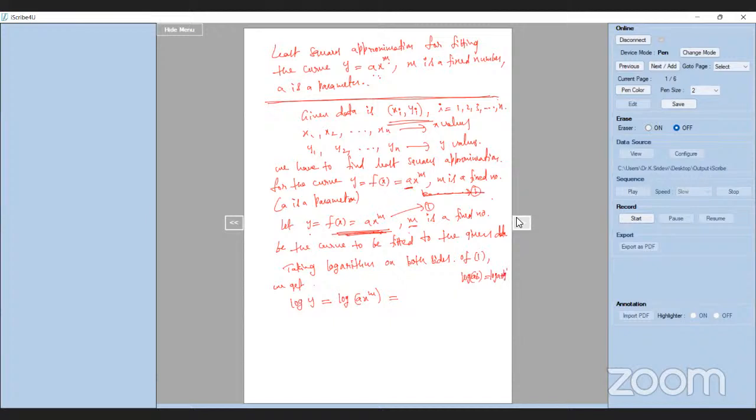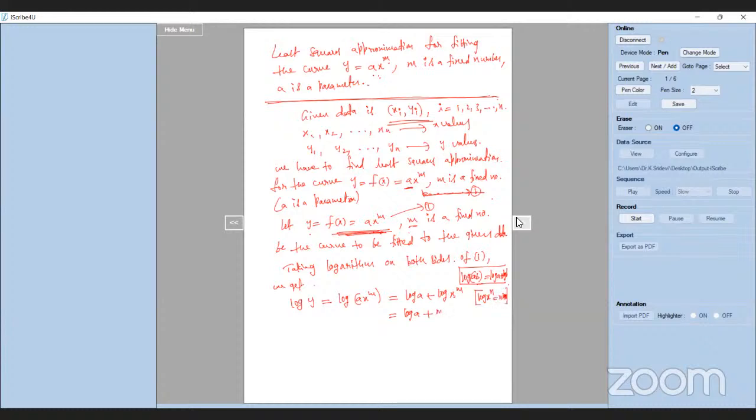Log A plus log B. So use this formula: log A plus log B. What is B? x to the power m. So now this is equal to log a plus log x to the power m. That is in the form of log x to the power n, the formula is n into log x.